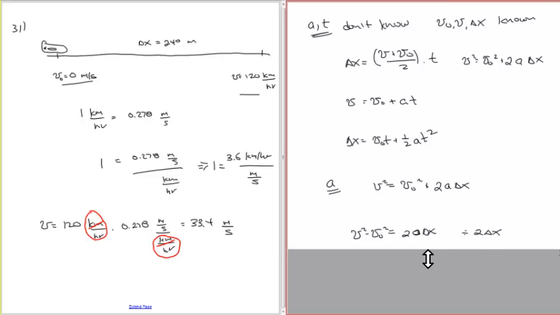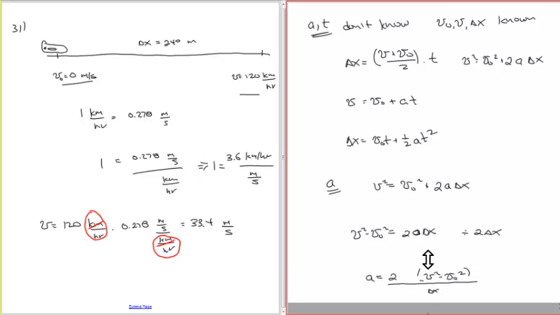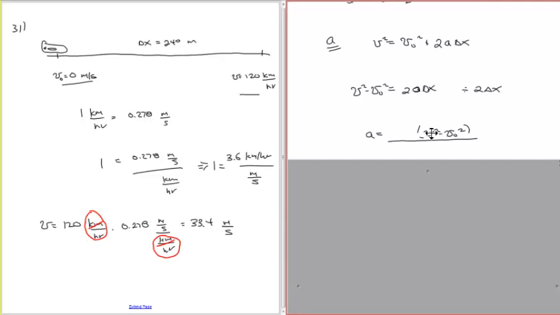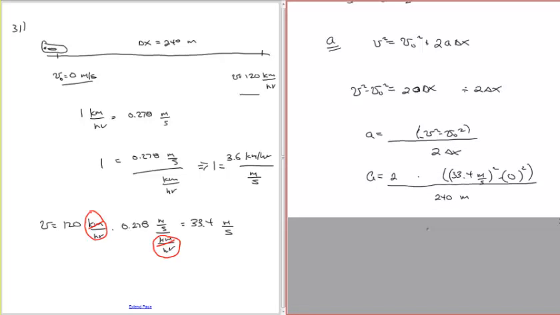That'll leave us with acceleration on the right-hand side of the equation. So if we do that, we get this expression. So it's the quantity v squared minus v0 squared all over 2 delta x. So now we know everything over here, and I'm going to plug it in. So this should be in the denominator.